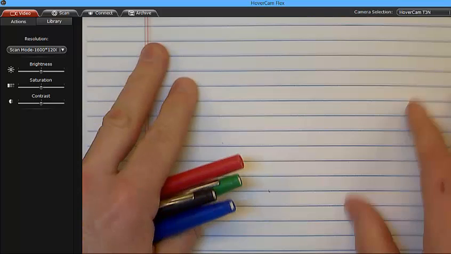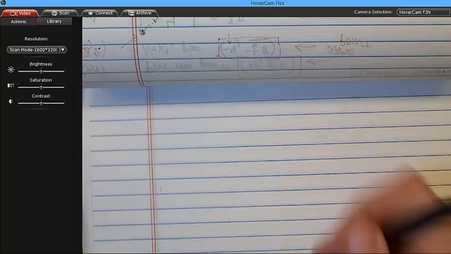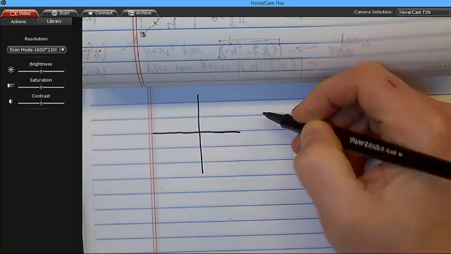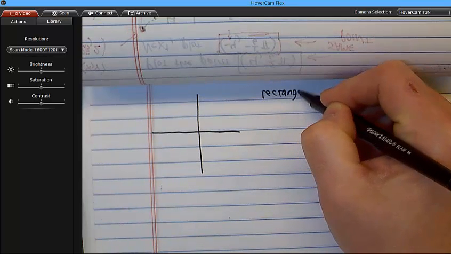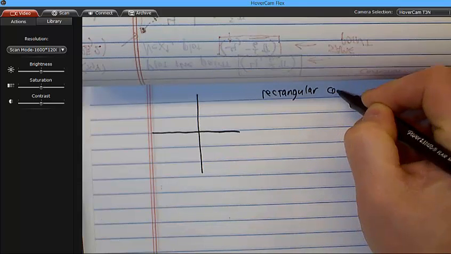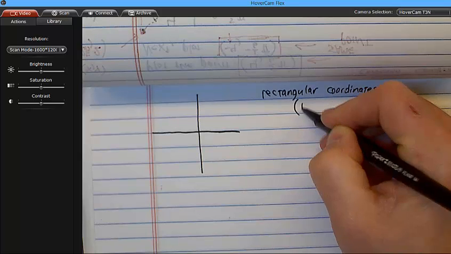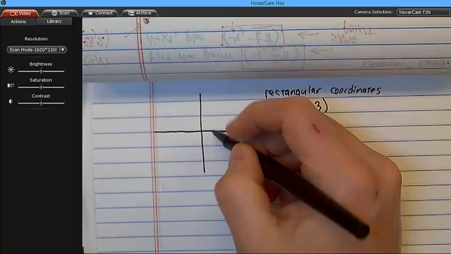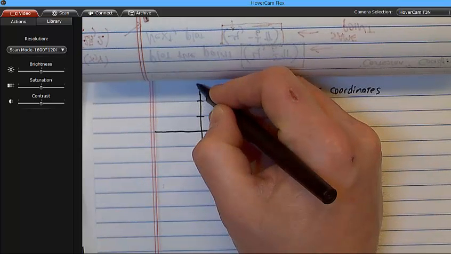So let me go ahead and try this as a little exercise. We're going to plot the point. So let me give you that the rectangular coordinates are 1, 3. Okay, so I can plot that. Here's 1. And up here somewhere is 3.